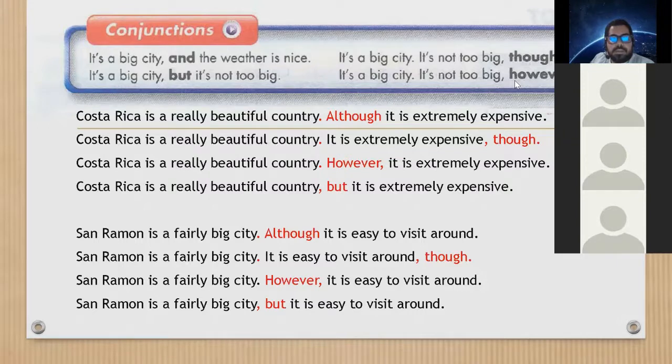And San Ramon is a fairly big city, but it is easy to visit around. Exactly. So look at this, guys. There you have more examples for you to visualize, all right, the punctuation part and the grammar part, okay? I told you that this is like strange words, right, guys? But those words increase your vocabulary also too, okay?